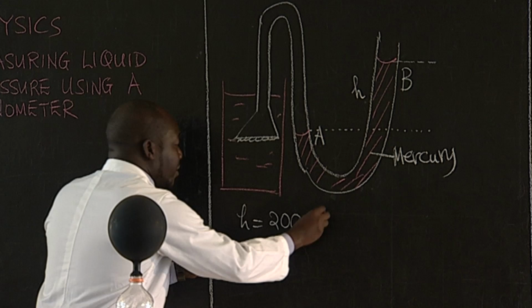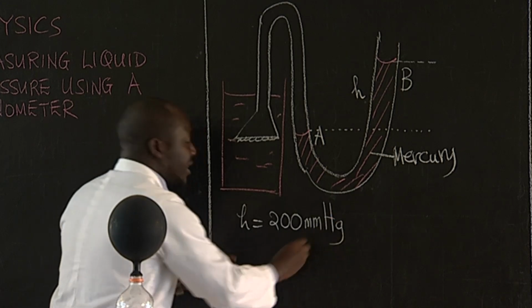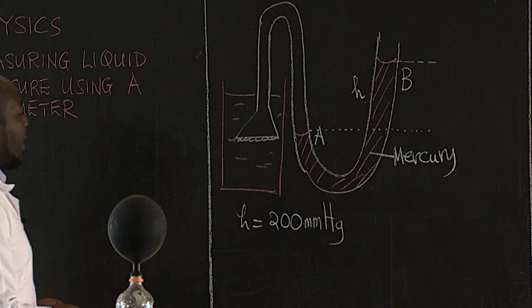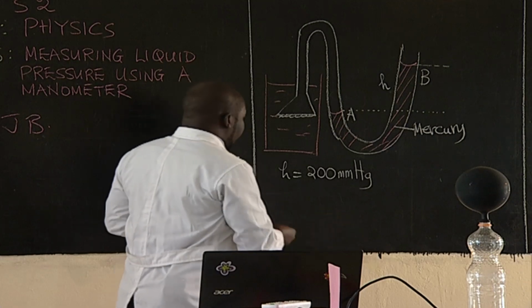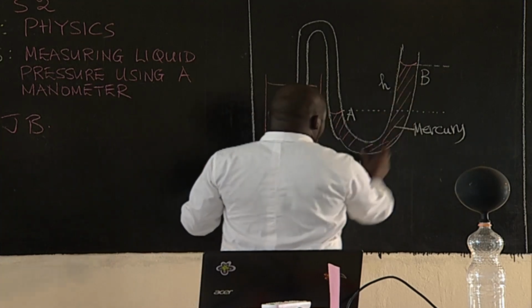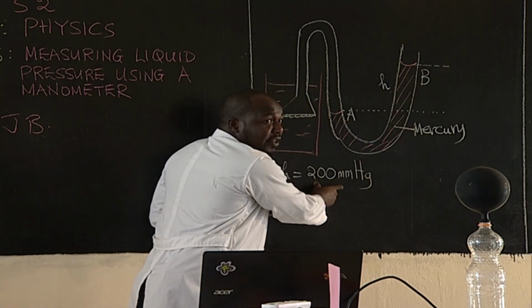And the pressure will then be 200 millimeters of what? Of mercury. Remember, we said millimeters of mercury is also a unit of pressure. So in this case, the pressure difference here is 200 millimeters of mercury.